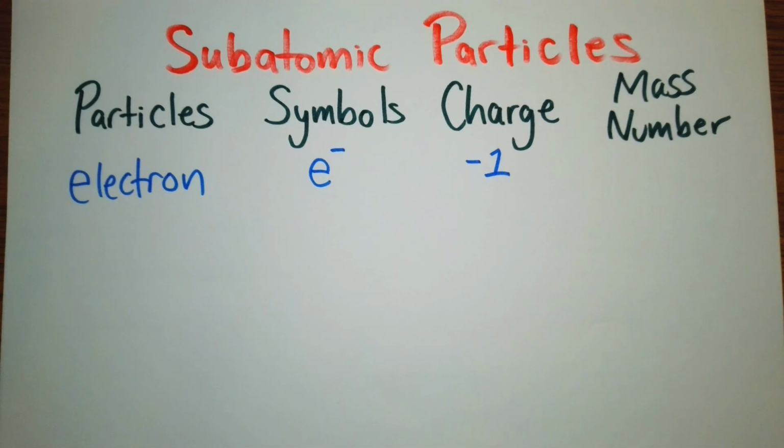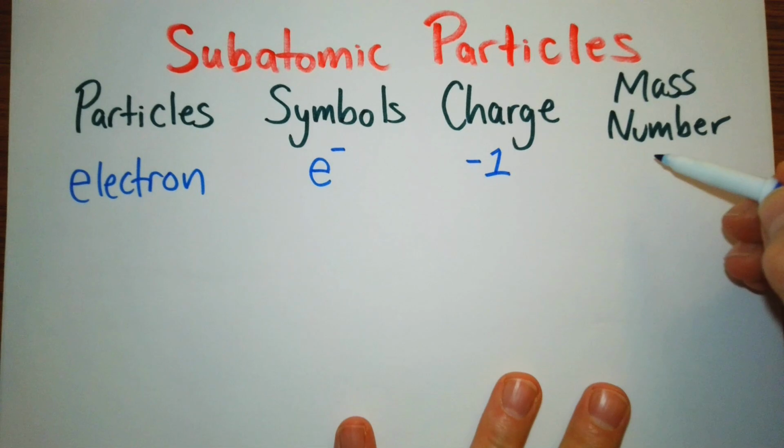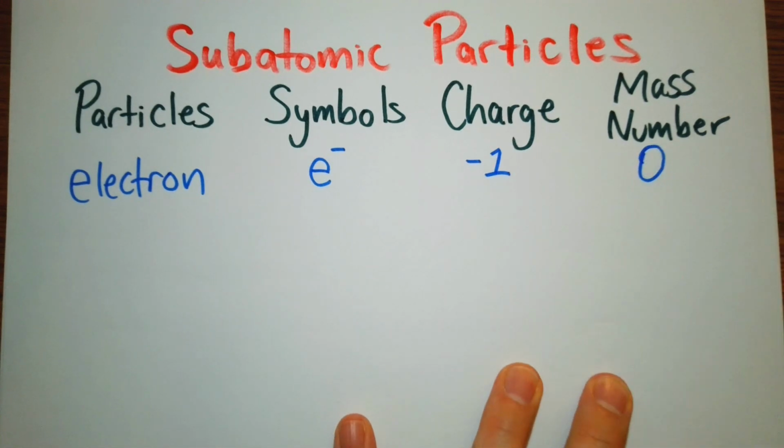It has a relative mass, we call it the mass number, of 0. Now, technically, the electron does have a measurable amount of mass, but it's so insignificant that for most purposes, the electron's mass can be absolutely ignored.